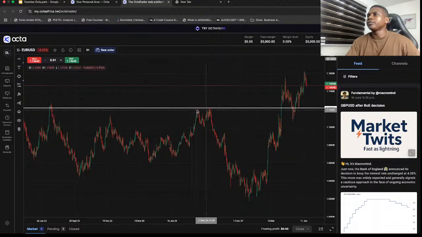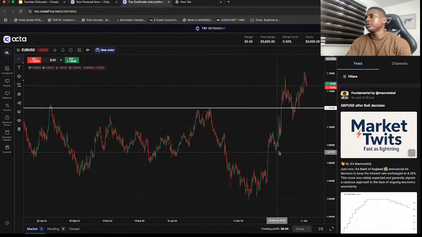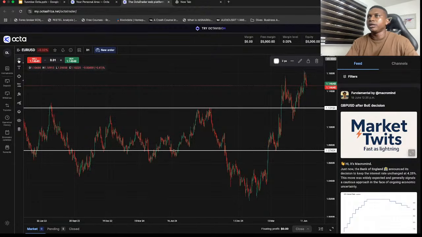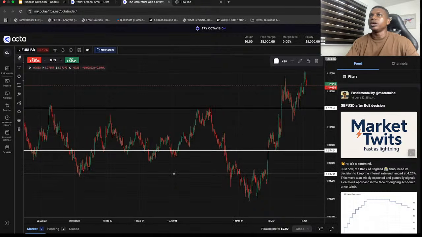So here we are mapping out levels of support and resistance. Okay, so we have one here, we have another here. This is a level of support and resistance. We have another here.